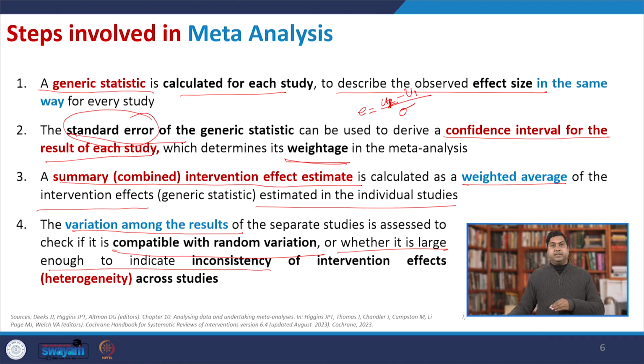So, in such cases, similarly for some studies you get this kind of generic statistics you calculate, and then you try to compare the weighted average generated through that with the standard error of that estimate, then you will find that maybe there is a heterogeneity that exists.